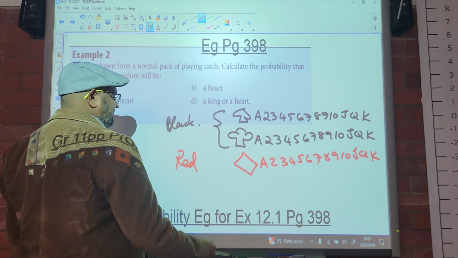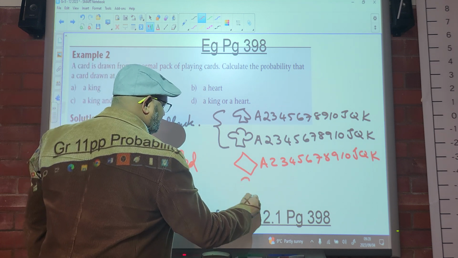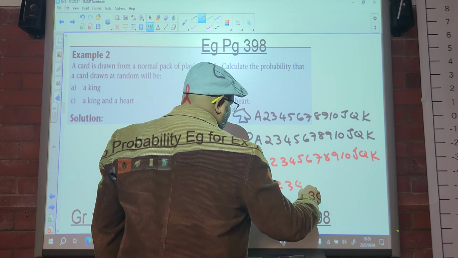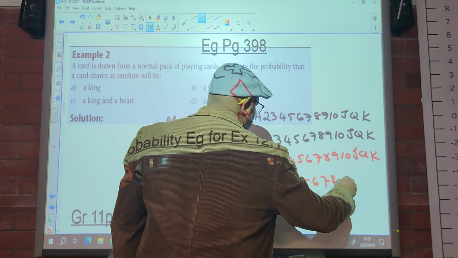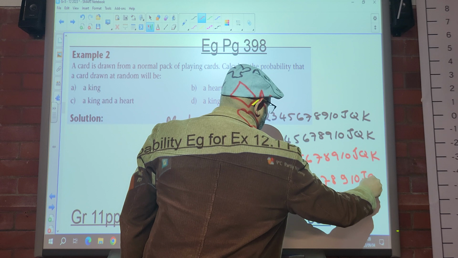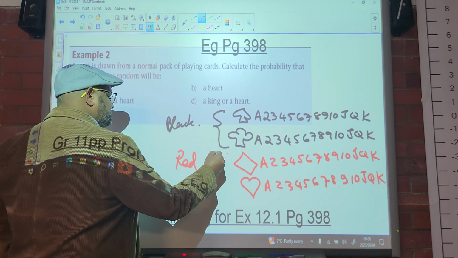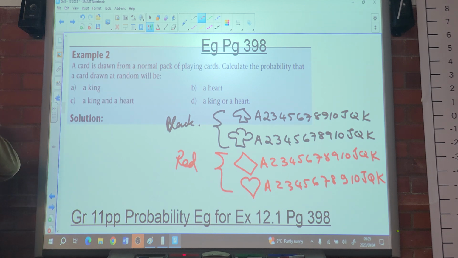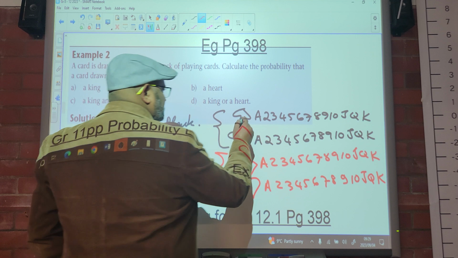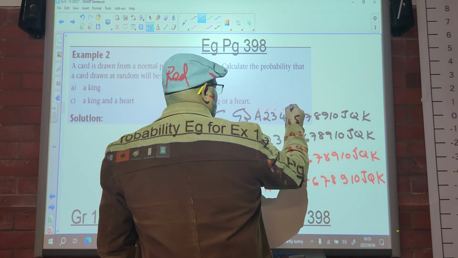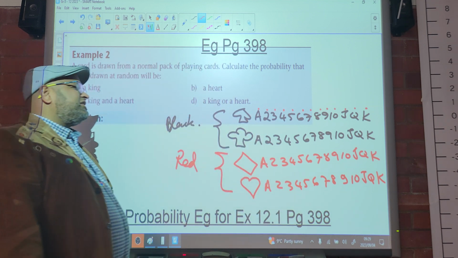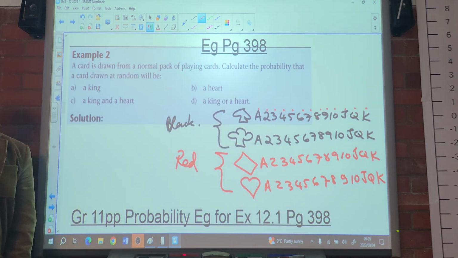And then of course, the hearts, again ace, 2, 3, 4, 5, 6, 7, 8, 9, 10, jack, queen, king. And these are your red suits. So if we look at each suit, there's 1, 2, 3, 4, 5, 6, 7, 8, 9, 10, 11, 12, 13. There are 13 cards per suit.